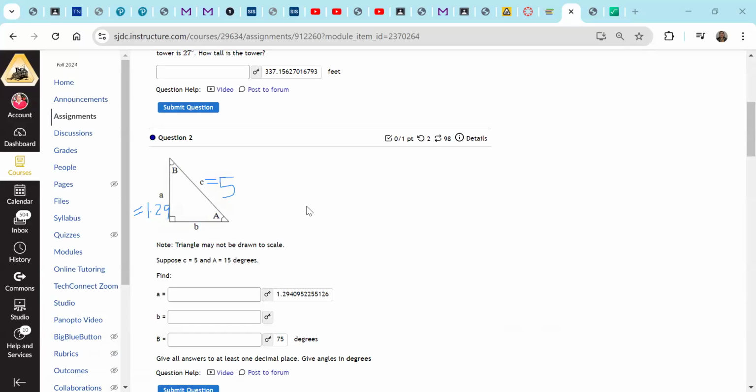Now I would use B over sine B equal to C over sine C, because now I want to find B. B is unknown. Sine B we calculated, that was 75 degrees earlier.